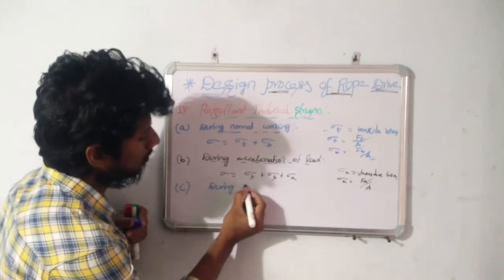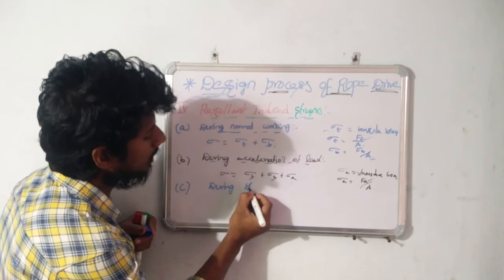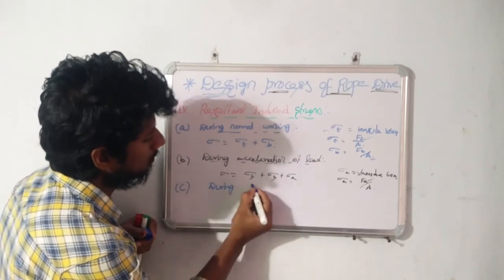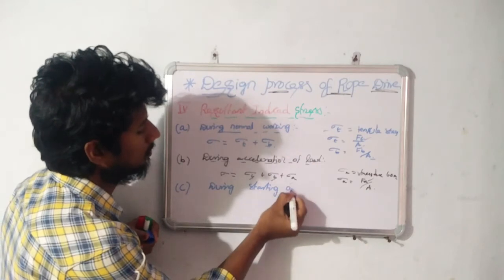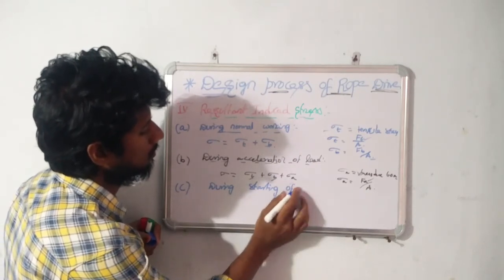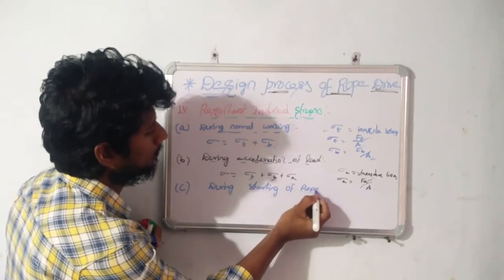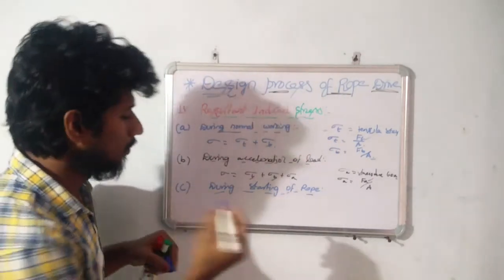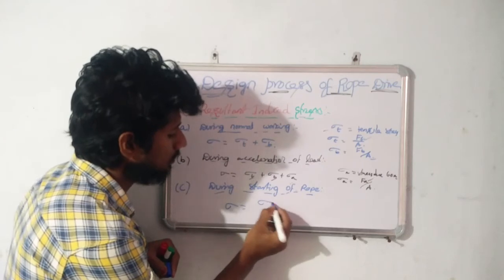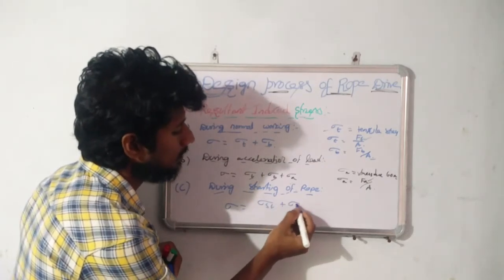During starting of the rope, sigma equals sigma st plus sigma b.